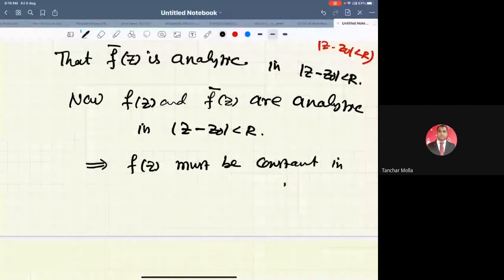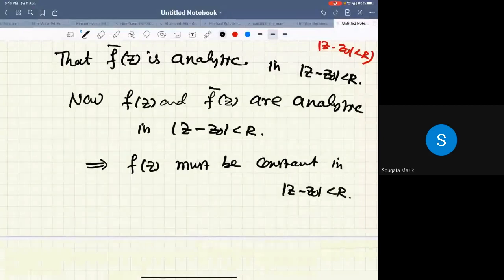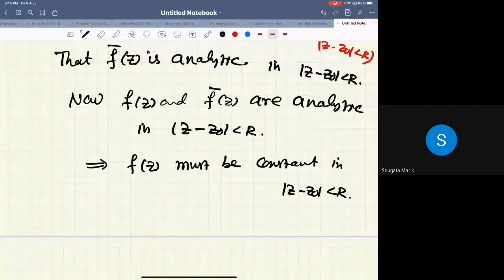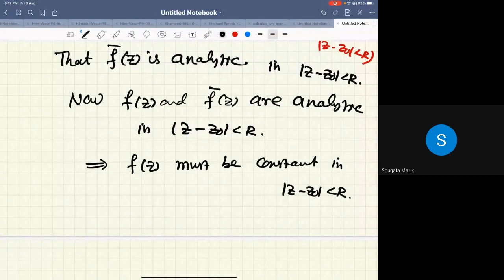In mod z minus z naught less than r. Sir, if I take f of z equals z and if g of z equals z square, in that case where actually am I wrong? What is your domain? Where are you defining? Throughout C, no problem, sir.